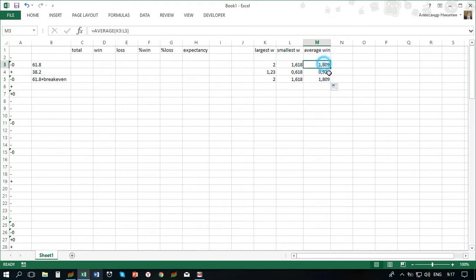You see that? Average win of this, average win of that, average win of that. Or risk to reward, because we consider our stop loss being always one risk. So this is 1.8 of that risk, and this is 0.92 of that risk. If it is 1%, this means 0.92%. Or if it is 1,000, it is 0.92 of your 1,000 of risk.